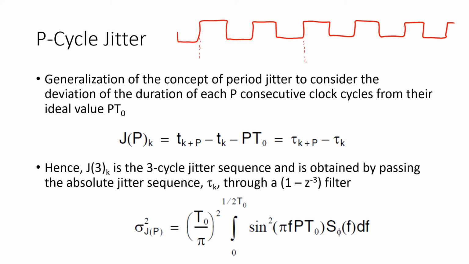We would expect any two periods ideally to have a duration of 2t0, but we know that because of jitter, it's going to deviate from that value. So we call this sequence of deviations the two-cycle jitter. And we'll use this notation, J2 subscript k. And then we can take this measurement over and over again, of course.